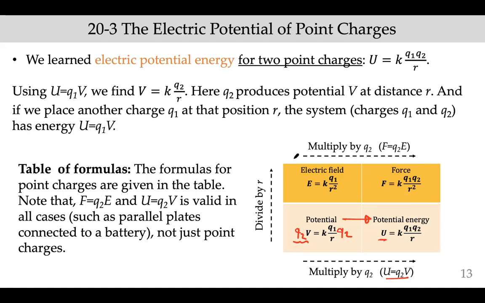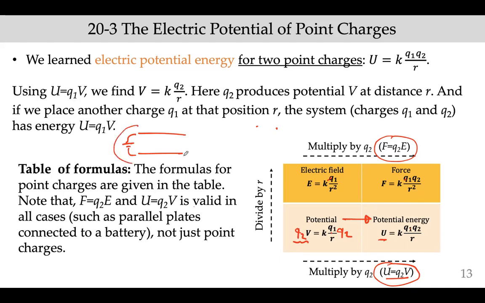You have to notice that these two formulas are valid in all cases. You can have parallel plates connected to a battery, or you can have point particles like these. All the formulas that you see in the table are valid for point particles, point charges, but you can also have parallel plates connected to a battery.